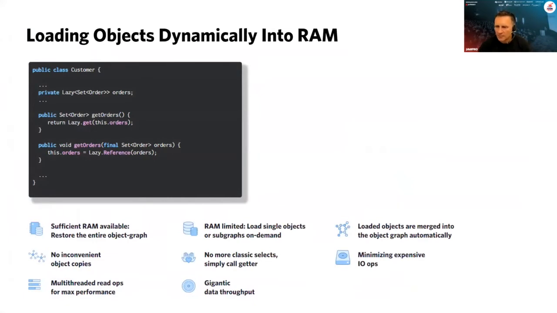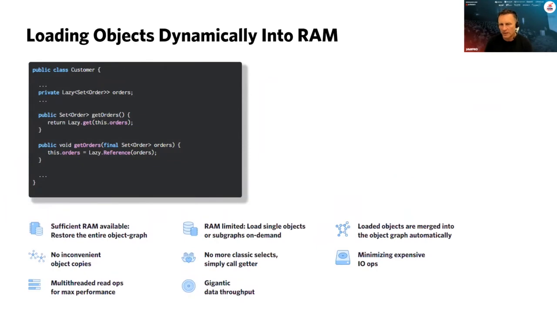How does loading objects work? When you start the application, then MicroStream initially loads the entire object graph in memory. But at this point, be careful. We only load the object IDs, not the objects. The objects are not loaded.